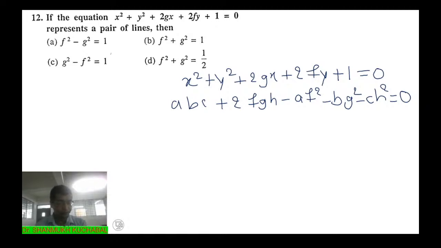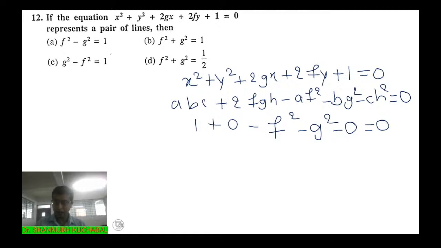Now we have to write the values of a, b, c and f, g, h, and we have to substitute in this equation. Last class so many examples we have solved depending on this formula. So directly I take a, b, c and f, g, h. We get 1 plus 0 minus f square minus g square minus 0 equal to 0.